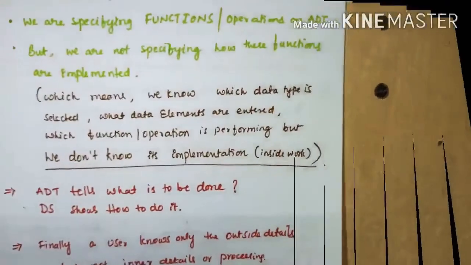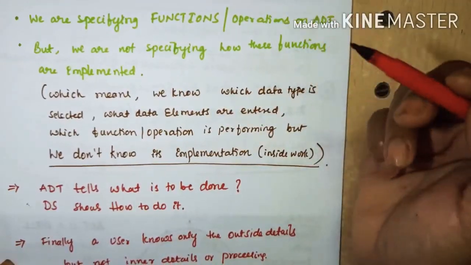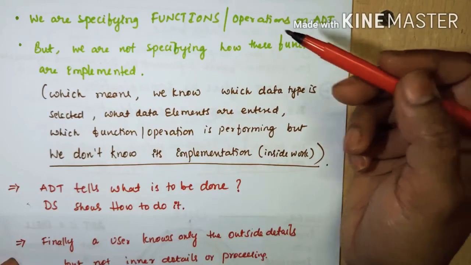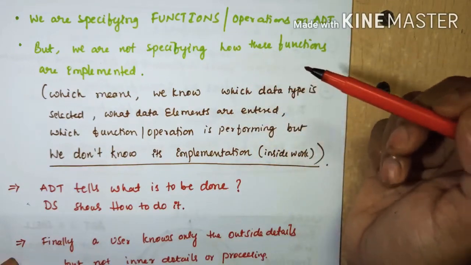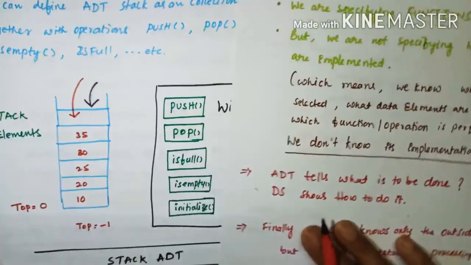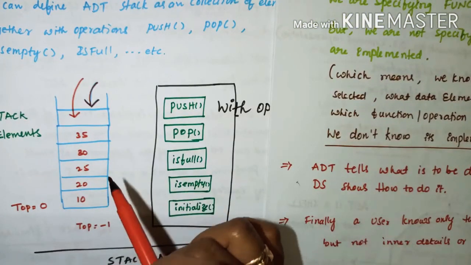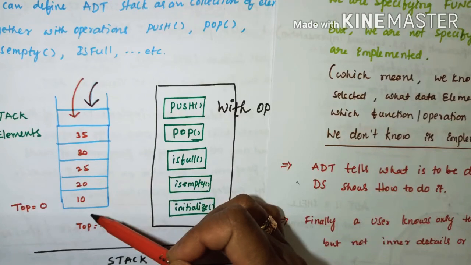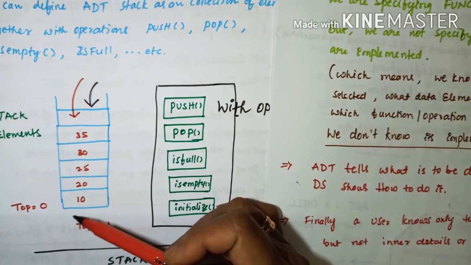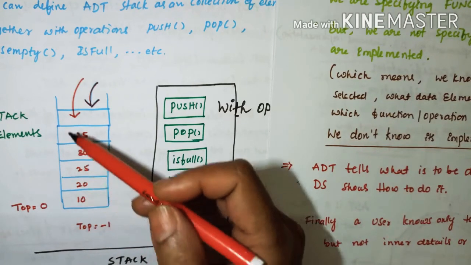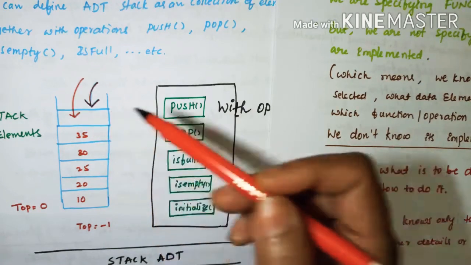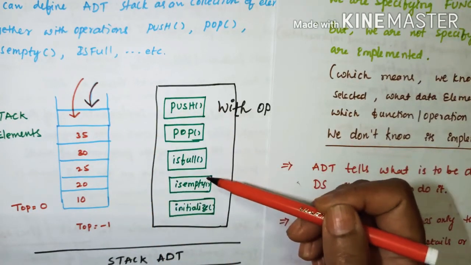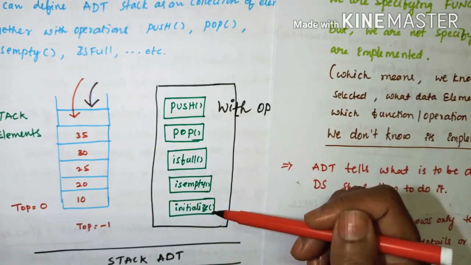See here, we are specifying functions or operations on ADT, but we are not specifying how these functions are implemented. It means, I know what are the elements to be inserted, where is the top value, where is the ending value, and which function is required for the required part.